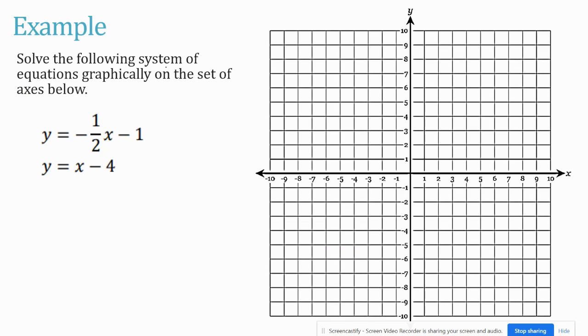Okay, solve the following system of equations graphically on the set of axes. It should say to the right. So same thing here. We're going to graph our first line, then graph our second line. Okay, so I'm going to just rewrite these because I want to be able to identify the slope and the y-intercept and write it right underneath it.